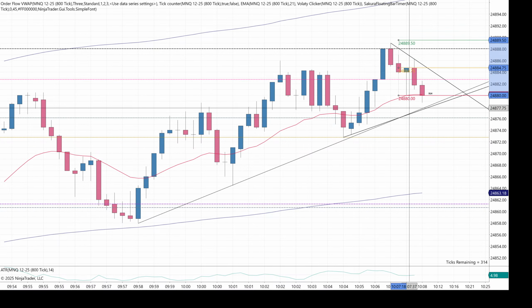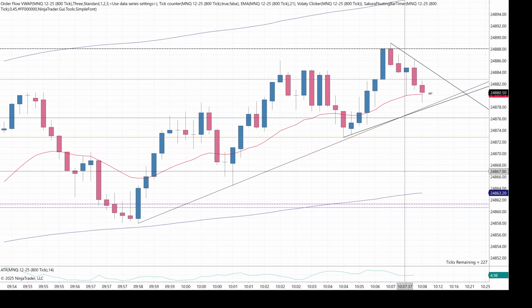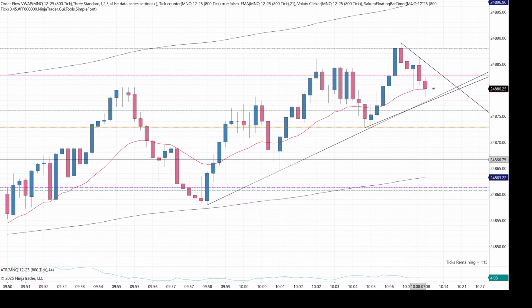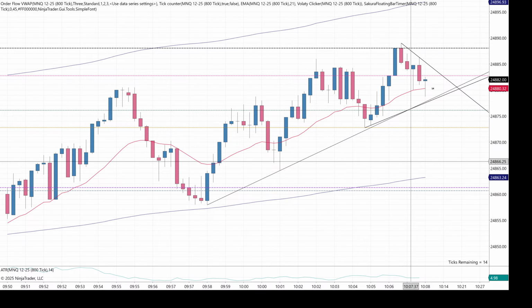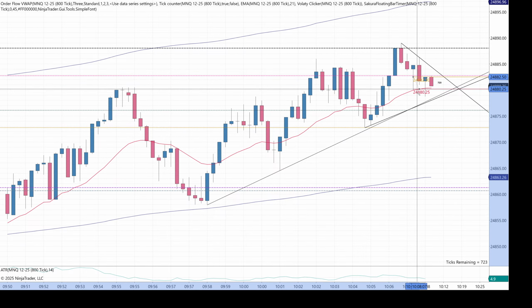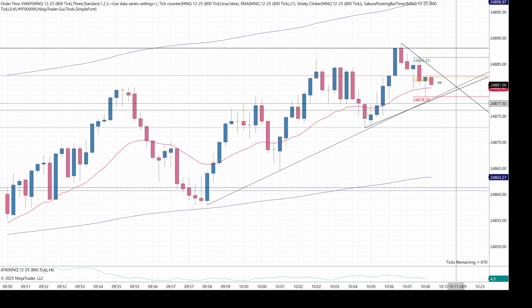There's the stop. This is another trigger to go higher. We have the trend line in the way now.